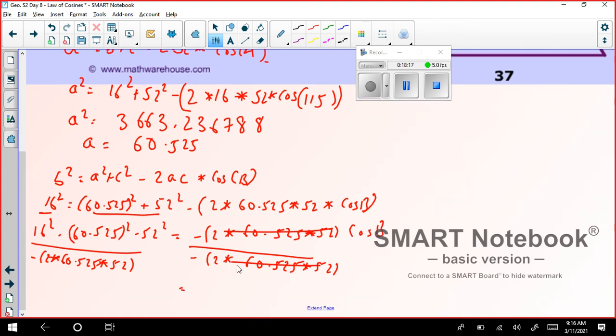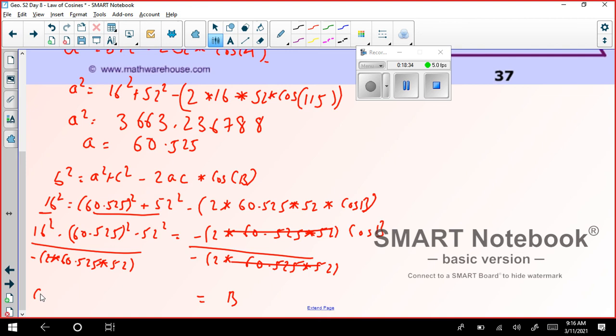And the final step, B is going to be multiplied by cos inverse on both the sides to get your final answer. So you'll have B equals cos inverse of this whole thing.